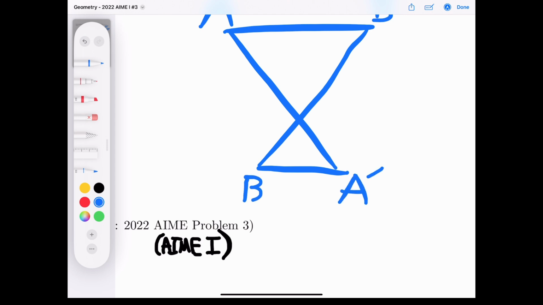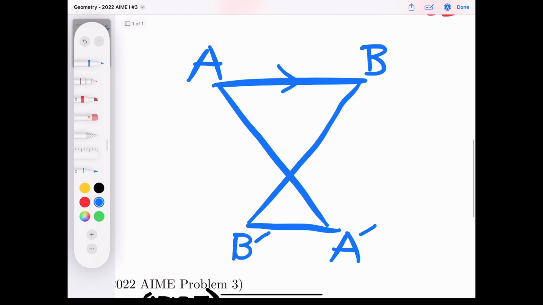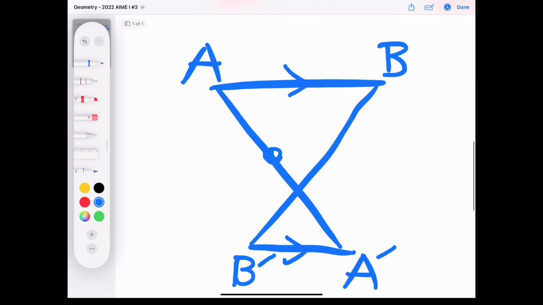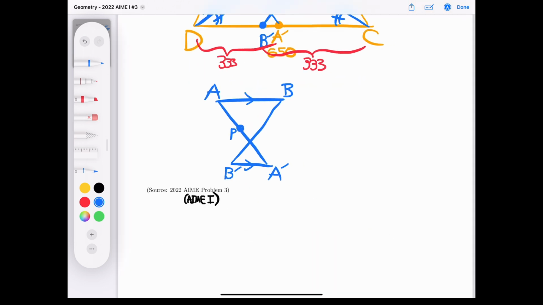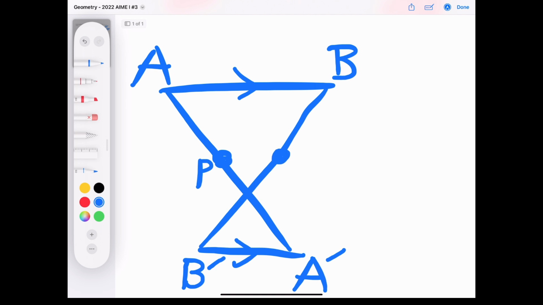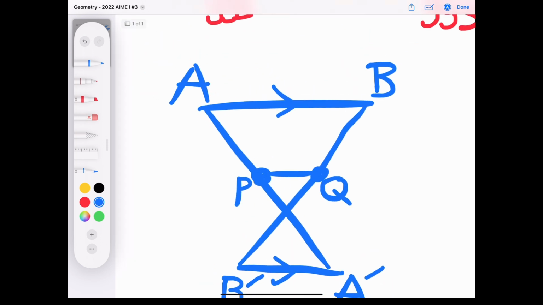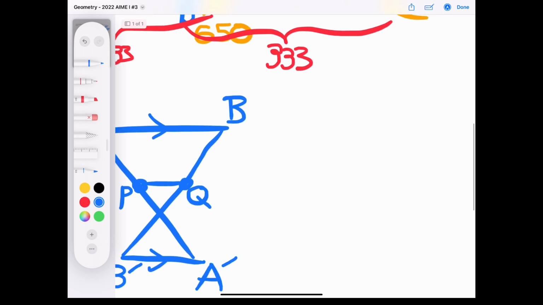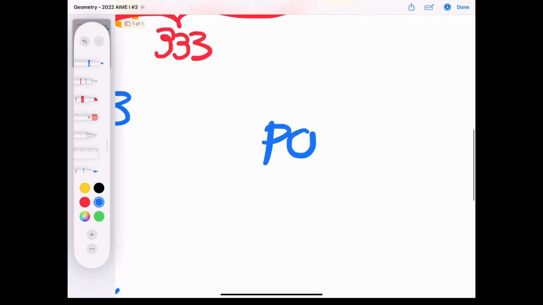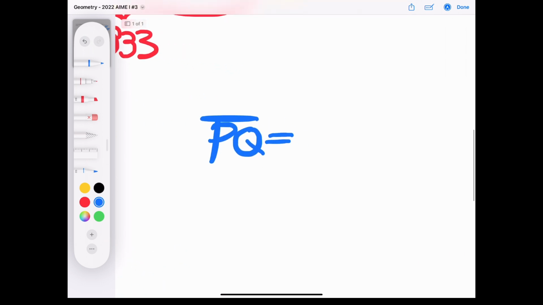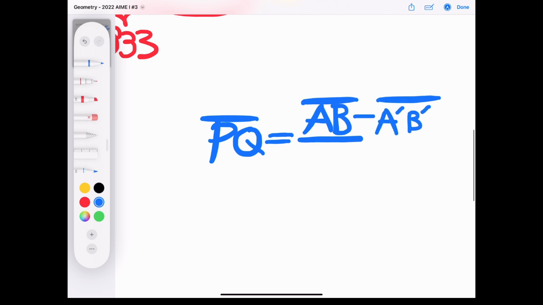I claim that when you take the midpoint P of AB and you take the midpoint Q of BB prime, these being parallel, the length of PQ will actually be, I'll write it over here, the length of PQ will equal the length of AB minus the length of A prime B prime, over 2.